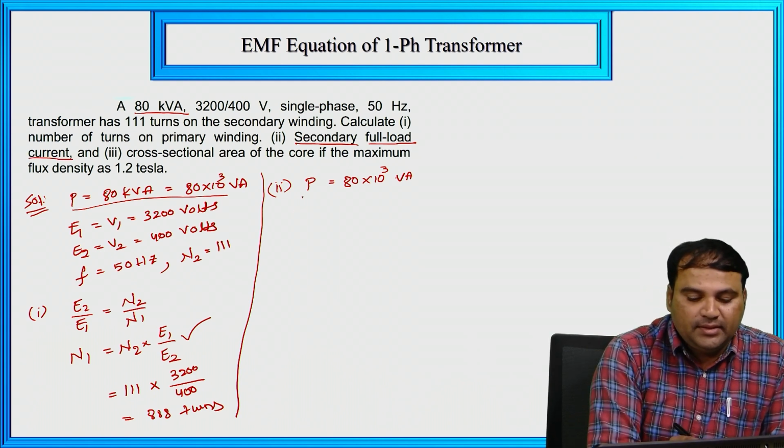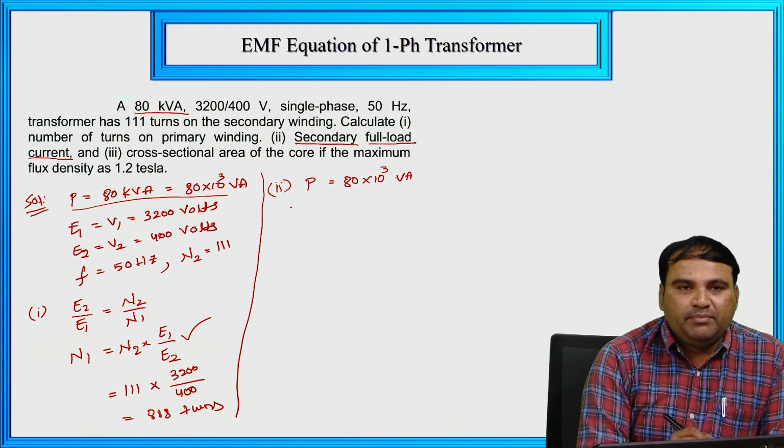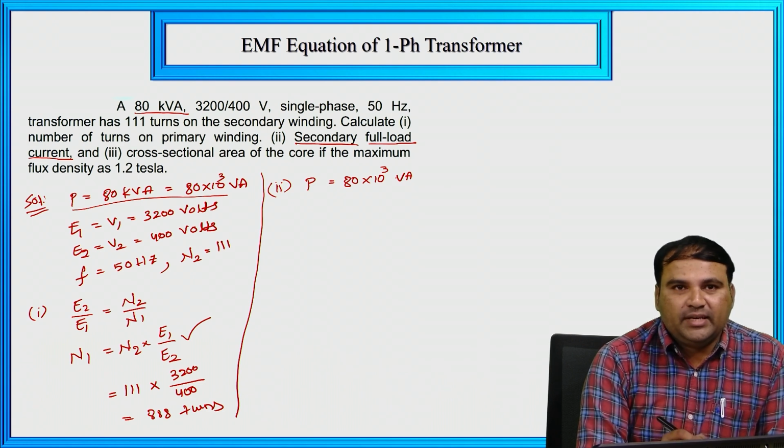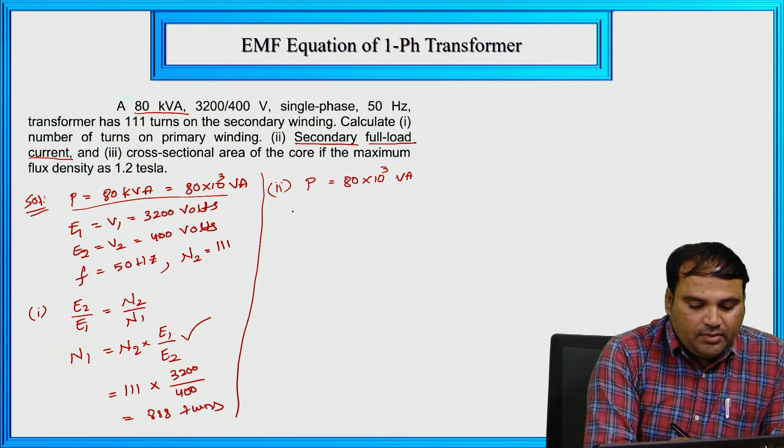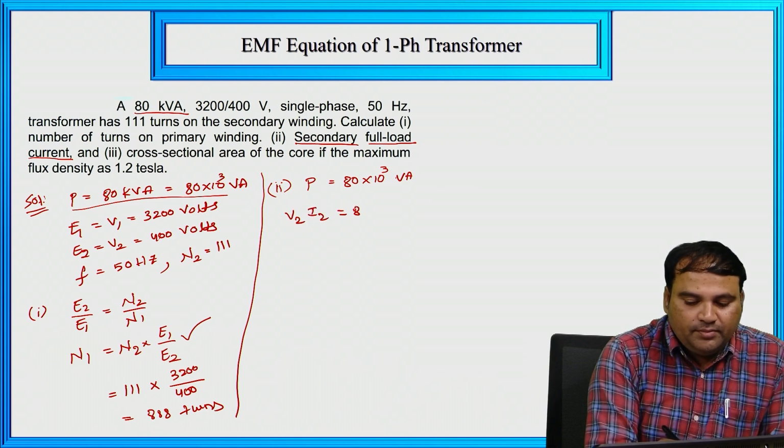Generally the power equation is P equal to V into I. So on the secondary side, V2 into I2 equal to 80 into 10 power 3.